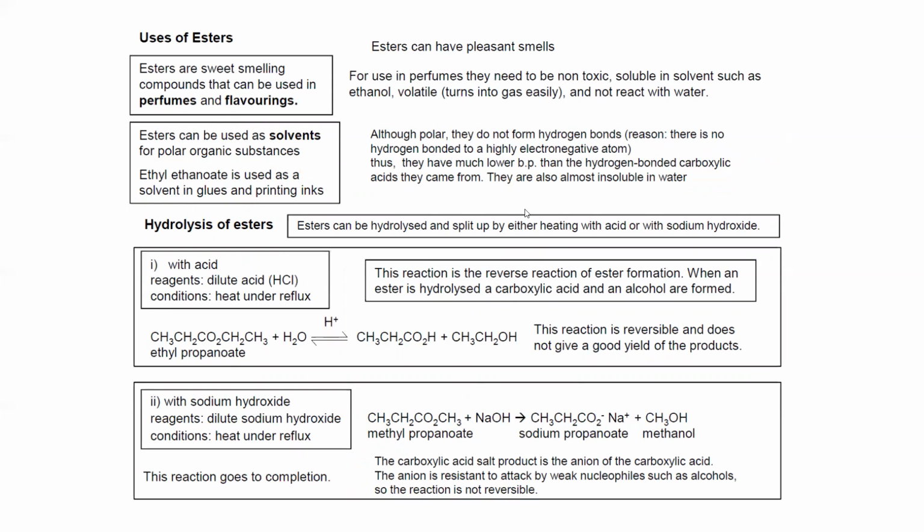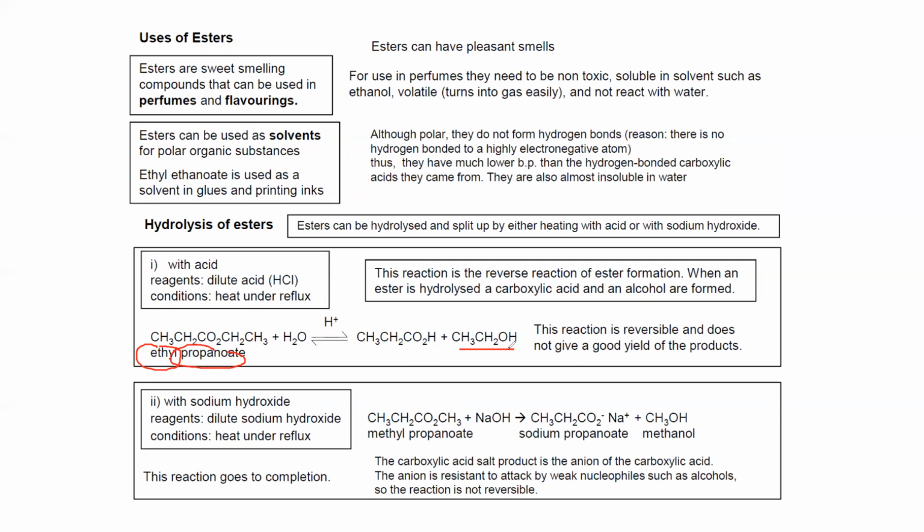Then the opposite, hydrolysis. Hydrolysis means breakdown of a molecule with the help of water. So we can have acid hydrolysis and base hydrolysis. If we have ethyl propanoate as an example, the first name of the ester comes from the alcohol and the second name comes from the carboxylic acid.